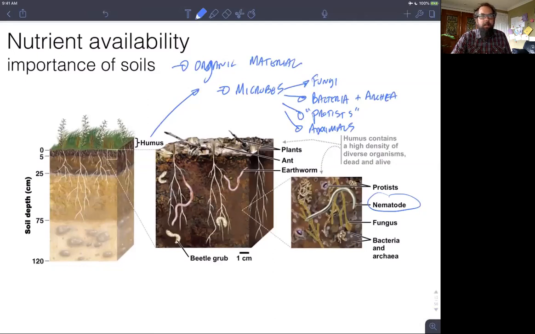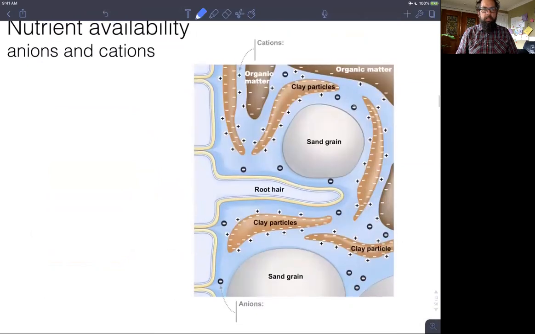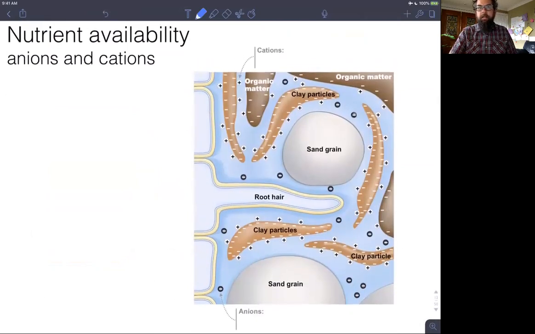But as far as our discussion here goes, the main thing that I want to talk about is how this actually affects nutrient availability and the importance of soils in terms of that nutrient availability. As I mentioned, elements are found in the soils as ions, specifically known as cations and anions.